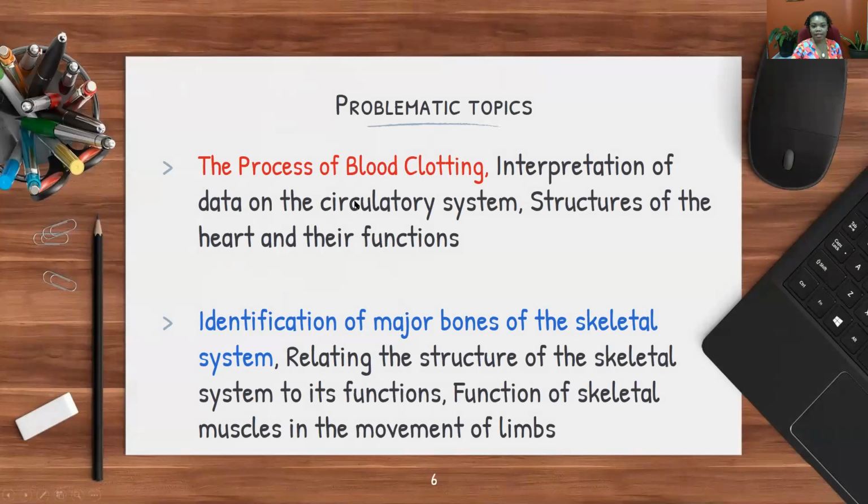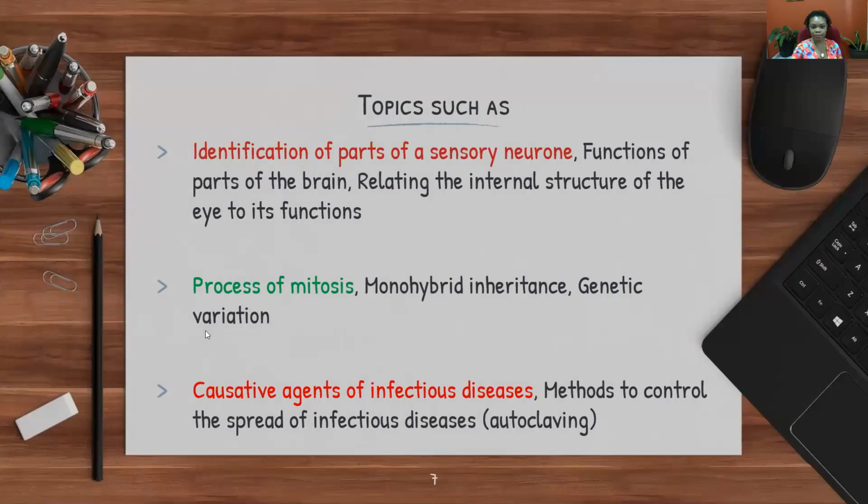So I'm going to be looking at the process of blood clotting, interpretation of data on the circulatory system, structures of the heart and their functions, identification of some major bones of the skeletal system, and relating the structure of the skeleton to its functions, as well as function of the skeletal muscles in the movement of limbs.